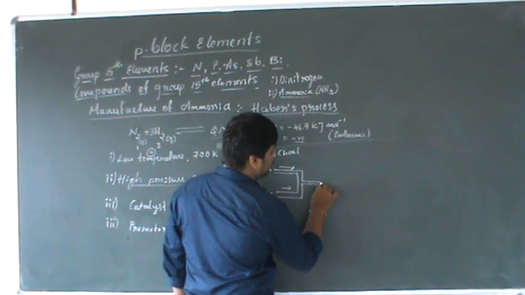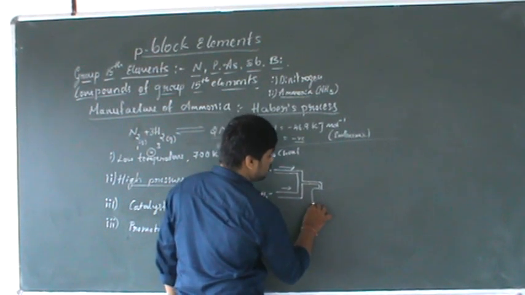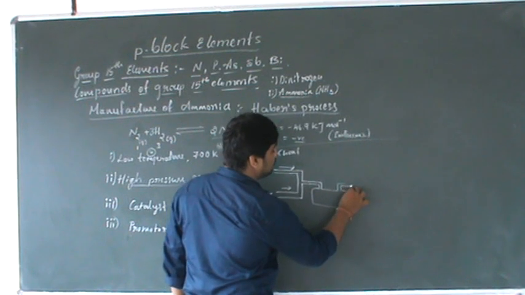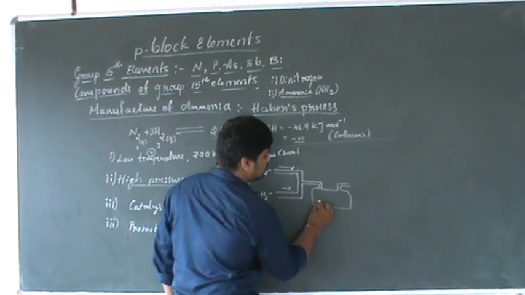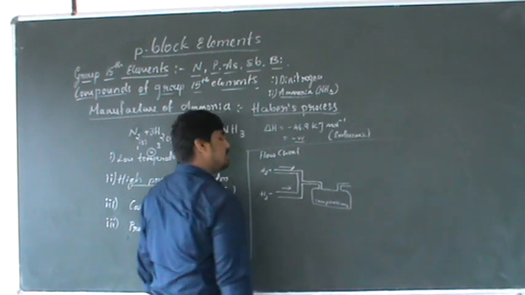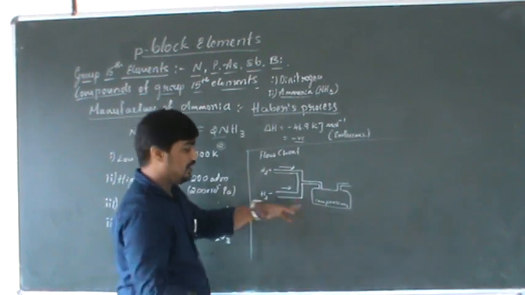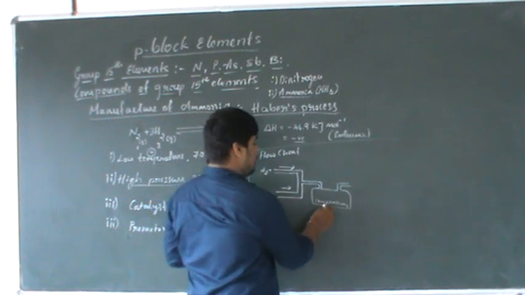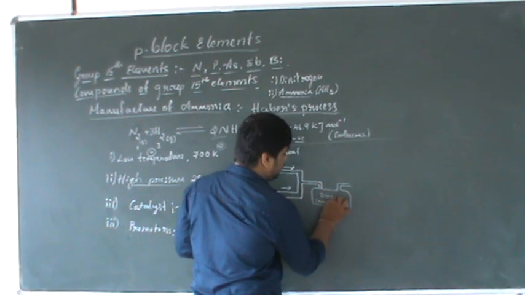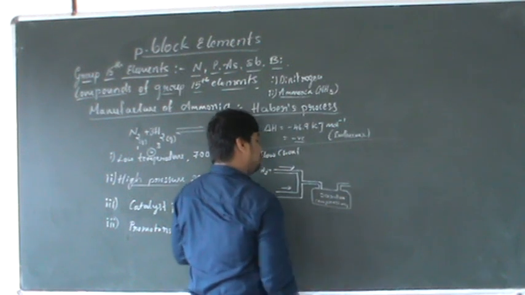Pure dinitrogen and hydrogen are passed through the compressor. So this is the compressor. What is the role of the compressor? Compression. It gives the pressure, around 200 atmospheric pressure.